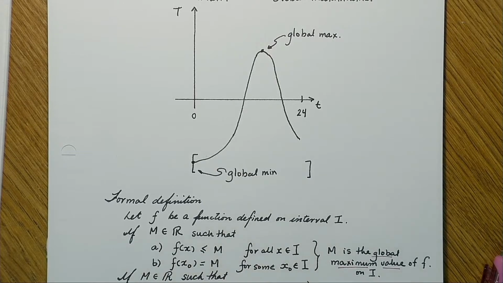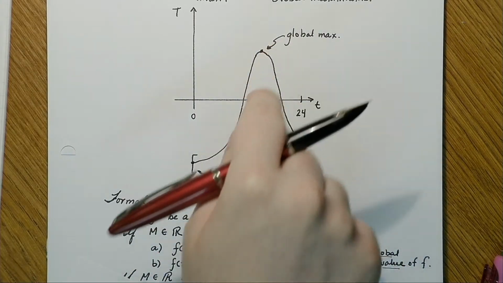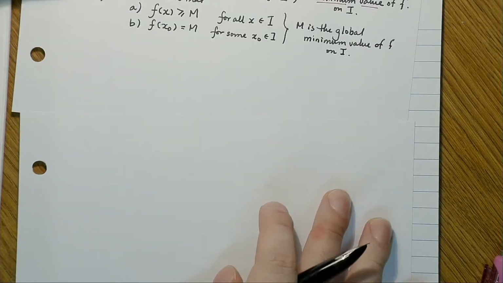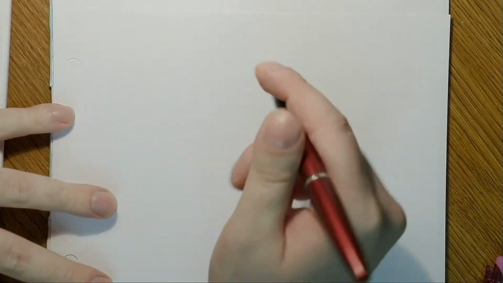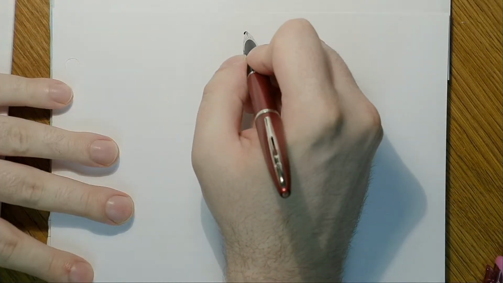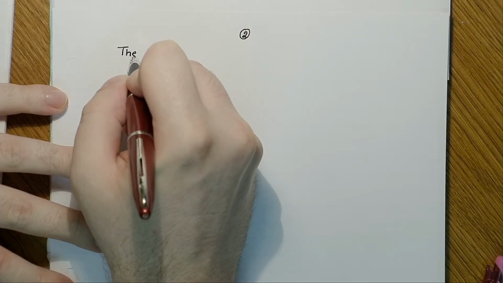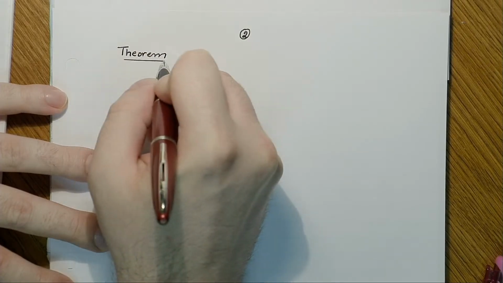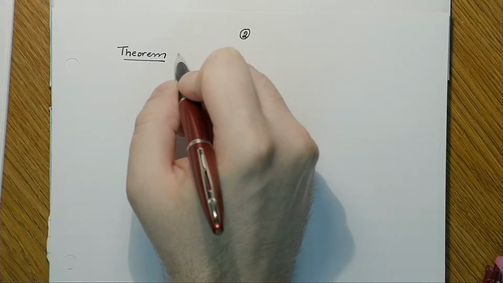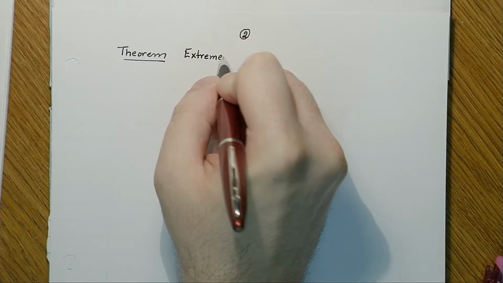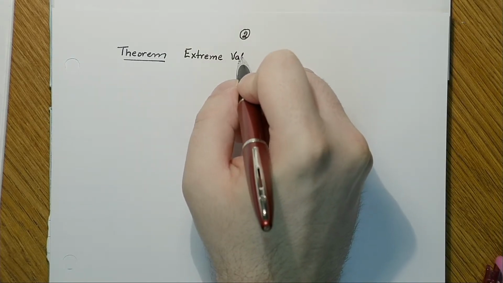So this is an observation that is actually put into a theorem, that you can have a global minimum and a global maximum on a closed interval. And they call that in the textbook the extreme value theorem. So that is an actual theorem that they use. So it's the extreme value theorem.